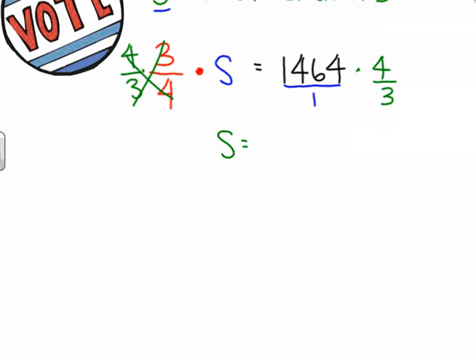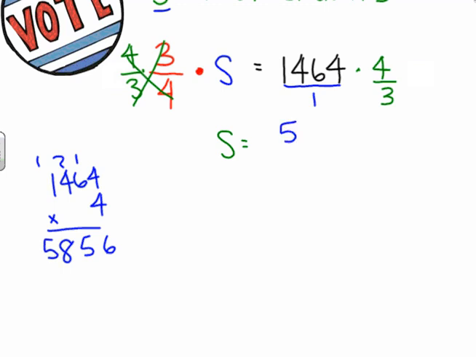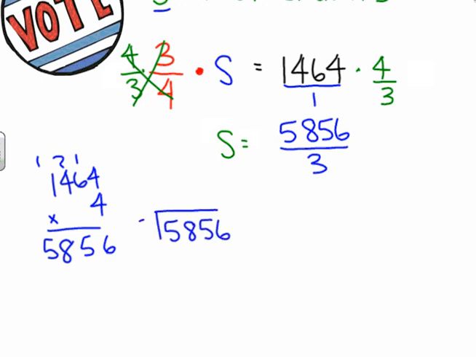I'm going to do 1464 times 4, since I'm just multiplying straight across. So this would give me 5,856 for the numerator over 3, or divided by 3. So now I'll do 5,856 divided by 3.